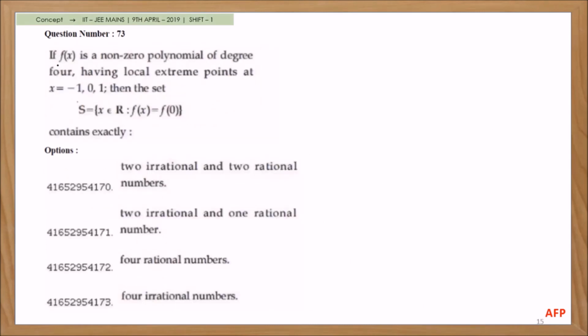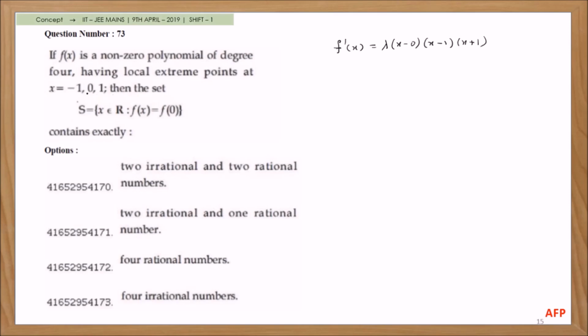Next problem: if f of x is a non-zero polynomial of degree 4 having local extreme points at x is equals to minus 1, 0, 1, then the set S is equals to x belongs to real numbers such that f of x is equals to f of 0. Extreme points means f dash of x is zero. F dash of x, we will take some constant here, so x minus 0, x minus 1, x plus 1.